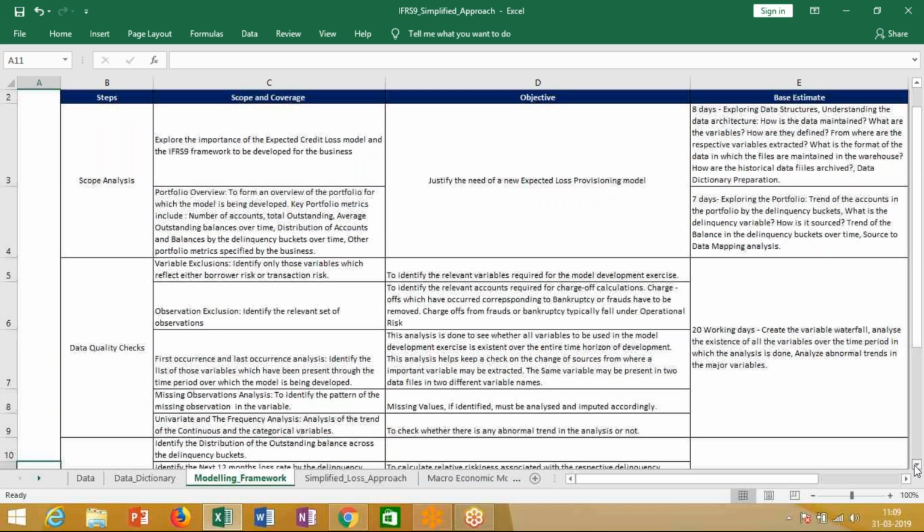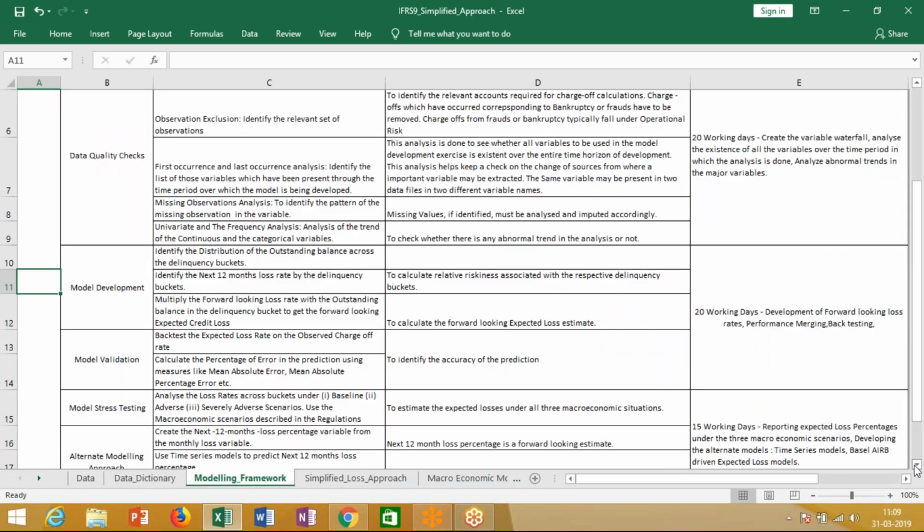The model and the quality checks would change because the type of data that I have here is very different. But the overall steps of development would remain more or less similar.